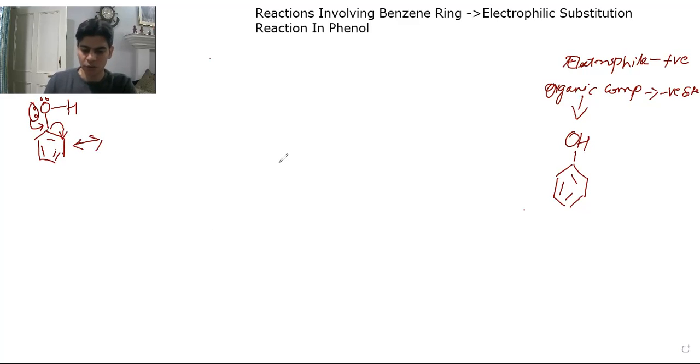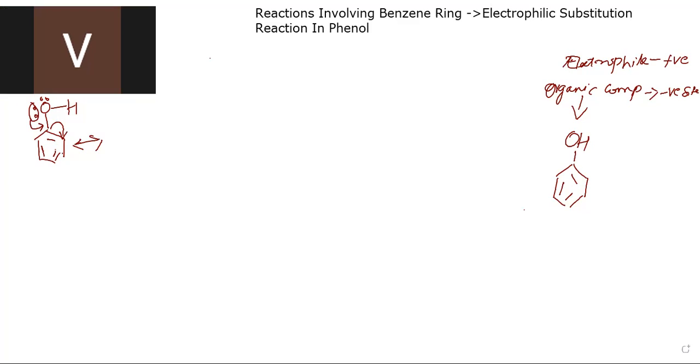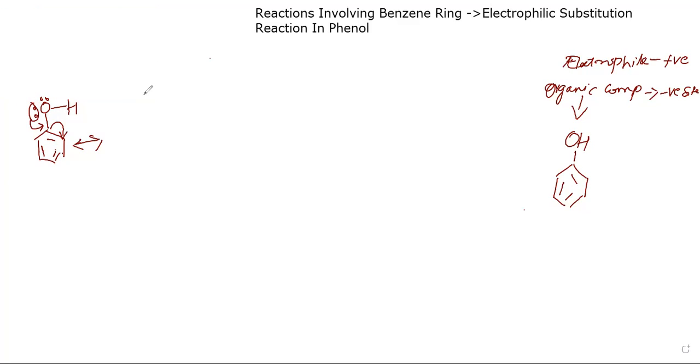The term that we use is that the lone pair of electrons will enter into resonance with the benzene nucleus. So we'll be looking into those regions of phenol where this lone pair of electrons would be creating negative sites, or sites of high electron density.